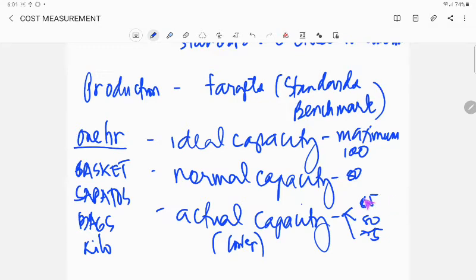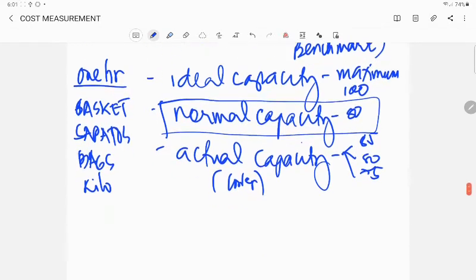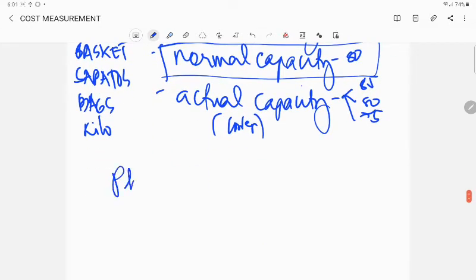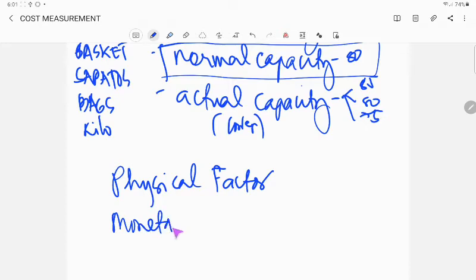Okay? So, bakit kailangan, ma'am, namin malaman? Kasi, the normal capacity is the basis of what? Meron tayong physical factor. Meron tayong monetary factor. Ang physical factor, ito yung sa cost natin.